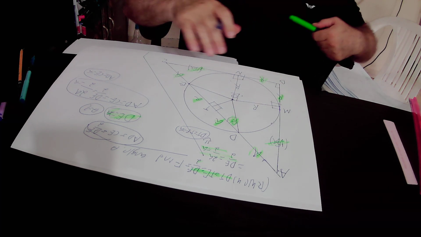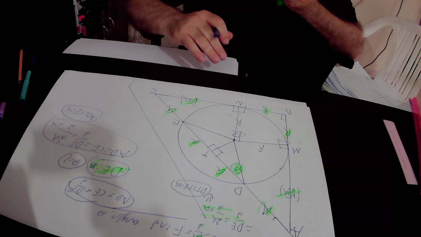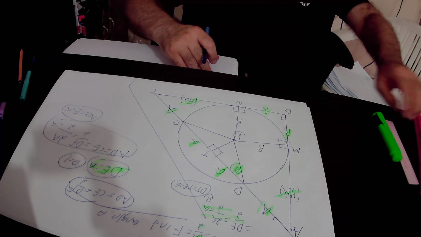In the next step, I will copy the right triangle ABC in a new page and we'll analyze triangle ABC.